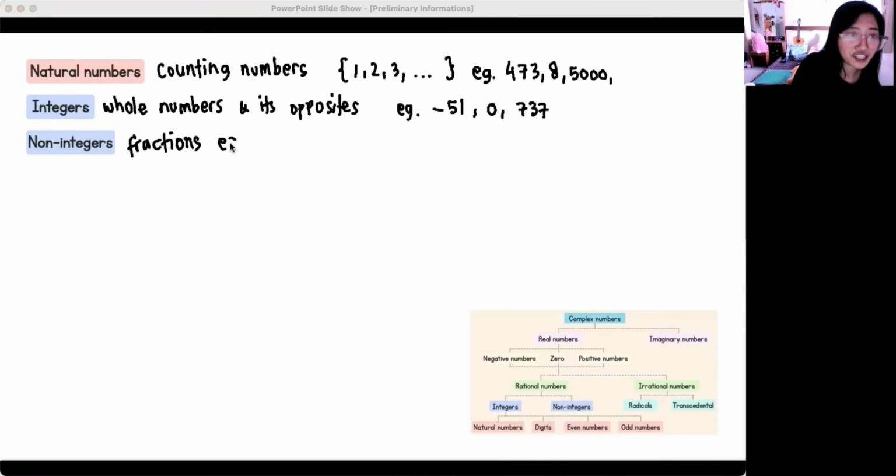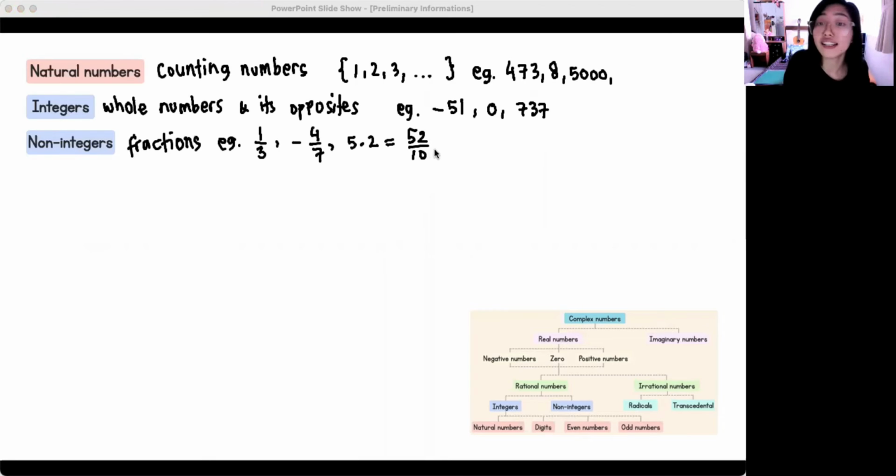Examples of fractions: 1 out of 3, 1/3, -1 out of 7, and don't forget even a decimal like 5.2 is also a fraction because we can write it in its fraction form, 52 out of 10. So that's the non-integers, the non-whole numbers, the fractions.